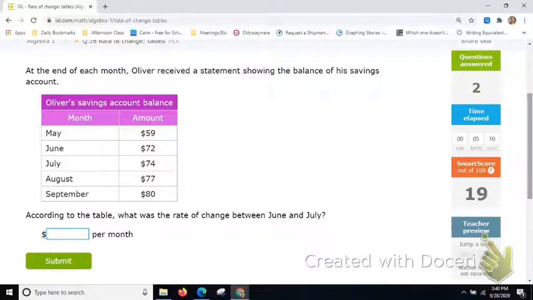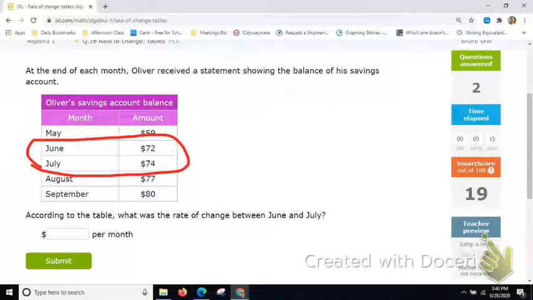So June and July, so again, find the two that you're given. The rate of change in these is not always the same from different points. So take the second one minus the first one. Hello, I don't know why I just wrote 20. How about if we try 72?